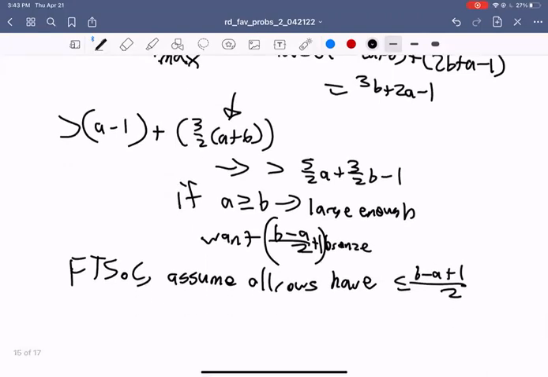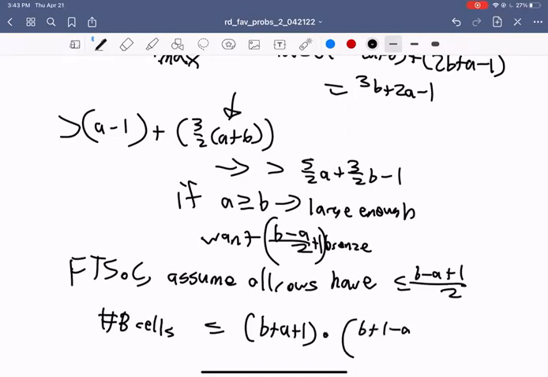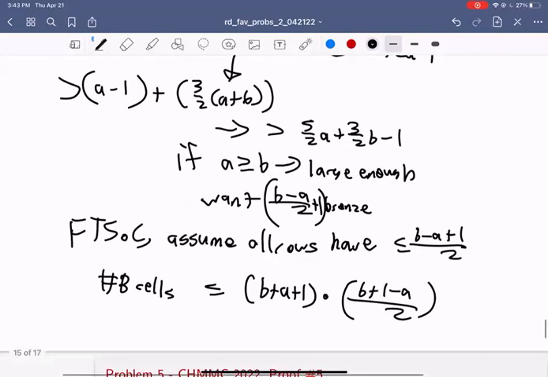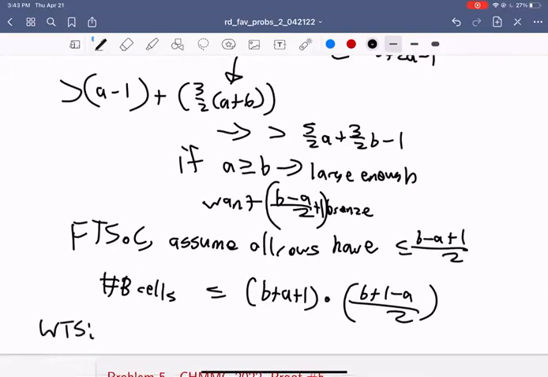Then we have the amount of bronze cells is at most B plus A plus 1, the amount of rows, times B plus 1 minus A over 2. And we want to show that B plus A plus 1 times B minus A plus 1 is greater than or equal to 2 times B squared plus AB minus A.